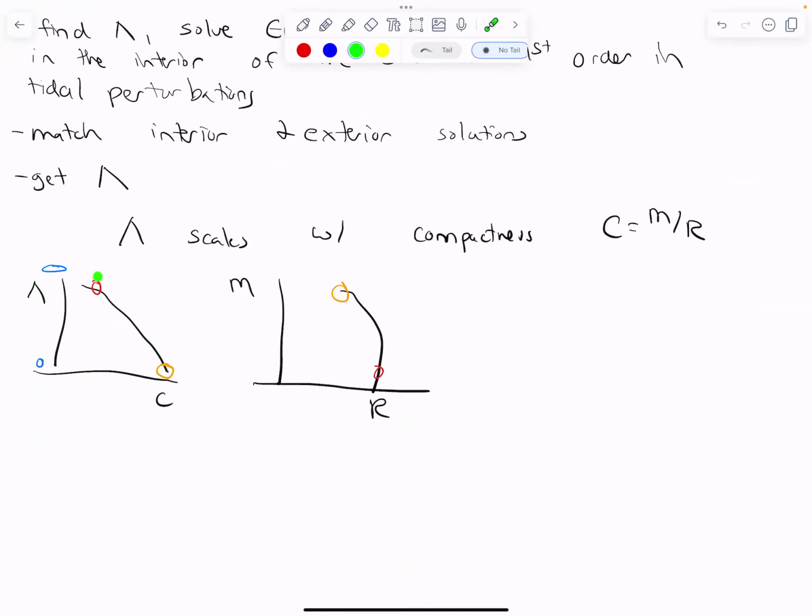So one thing I should mention is just like with the mass radius curve, for this, you need the equation of state. It definitely depends on the equation of state. And you can use this then to constrain your equation of state in the exact same manner that you could with the mass radius curve. And so that's why there's sort of this little caveat that you have these constraints with tidal deformability, but it's slightly different than the radius. But it provides similar information. Let's say it like that.